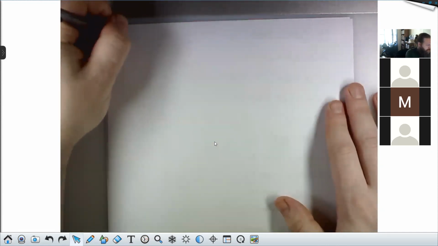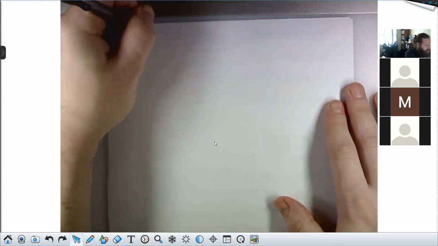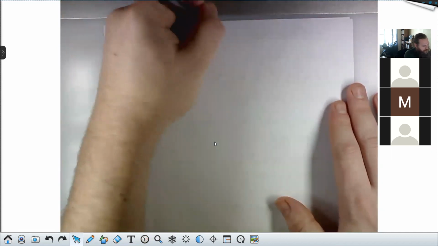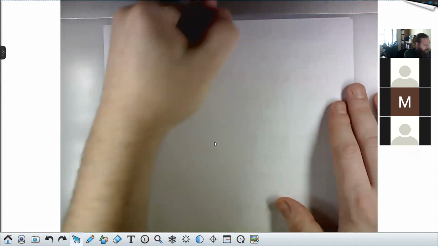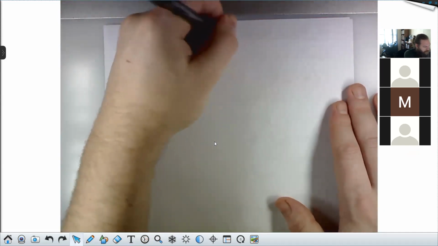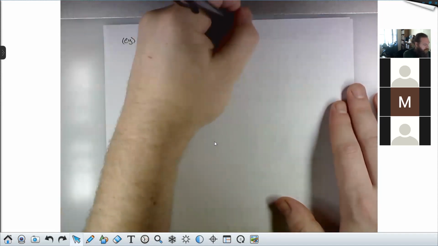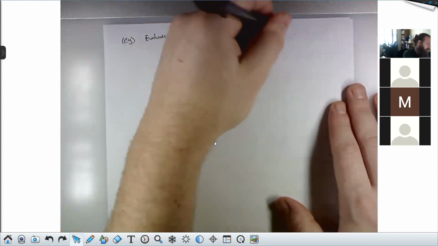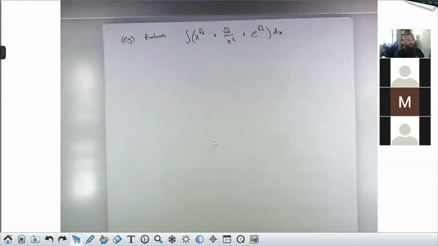And let's make it fun. All right, just to be silly. Lots of square roots of 2. So I've got x raised to the power of root 2 over x squared, and e raised to the root 2.